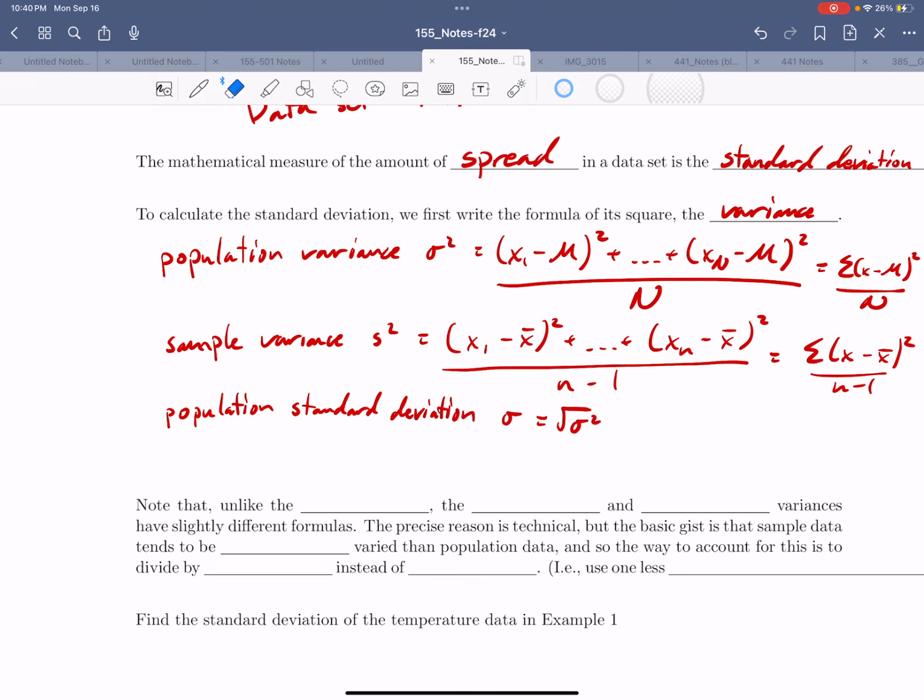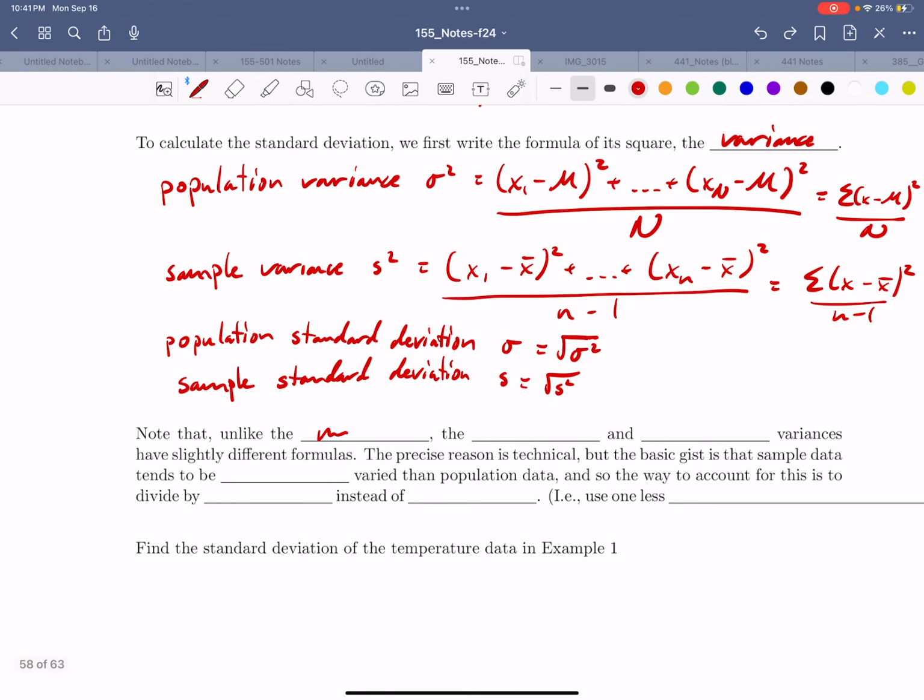And then of course the sample standard deviation is s. And of course, that's the square root of s squared. So you do this crazy summation, divide by n or n minus 1, and then you take the square root of it, right? Lovely formula we've got going, right?